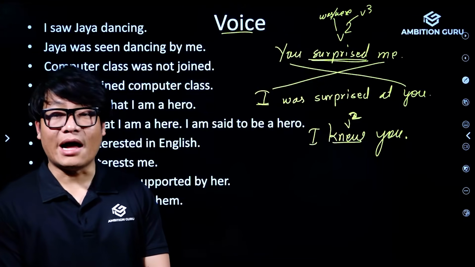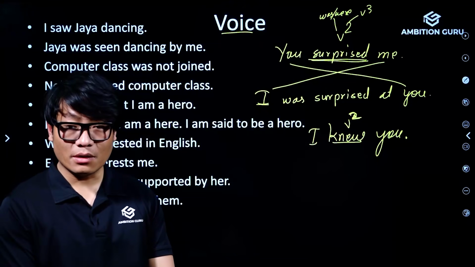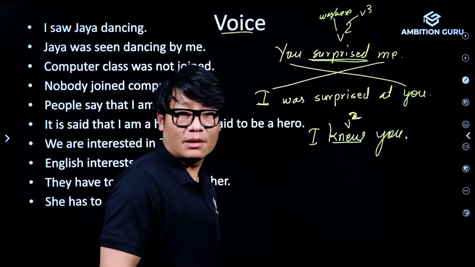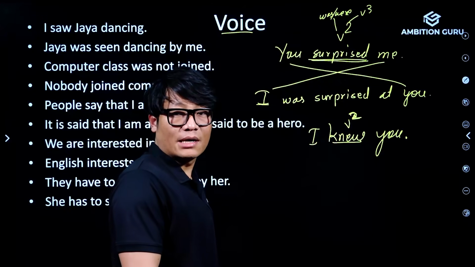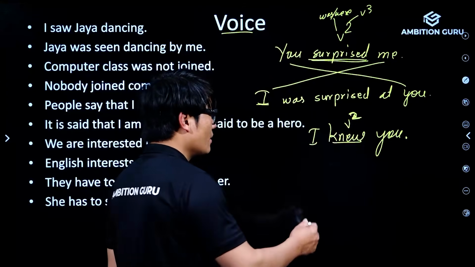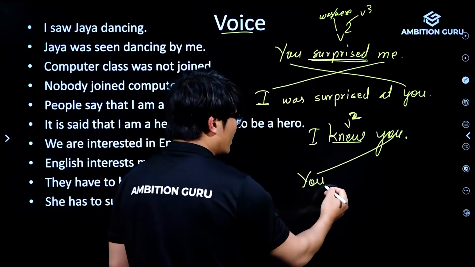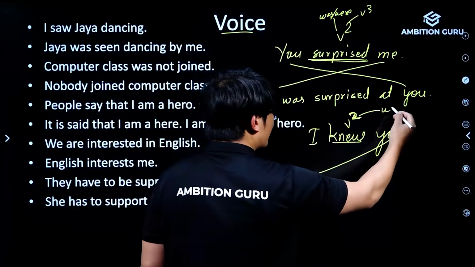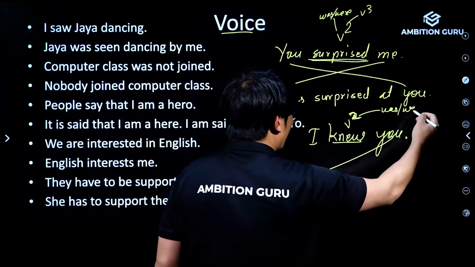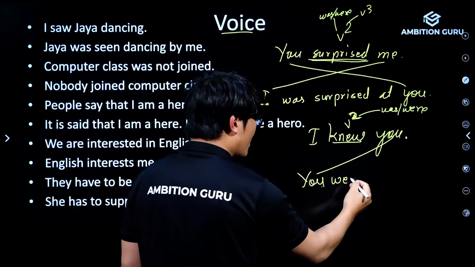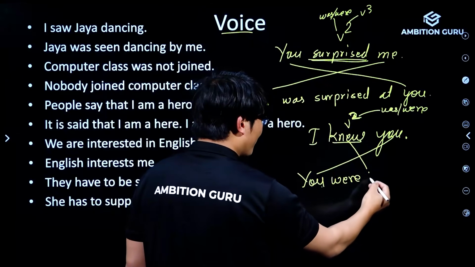You were known to me. Very good. I'm not able to catch the name. I think Saurabh, or Kritika. Kritika, so you come first, and verb 2 means obviously was or were, and you take were. So you were, and what is verb 3 of knew?